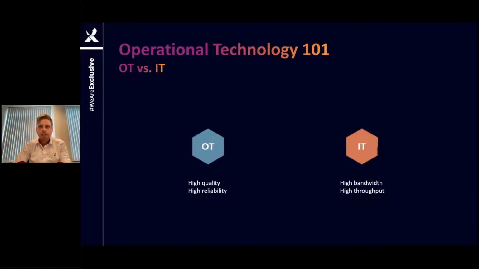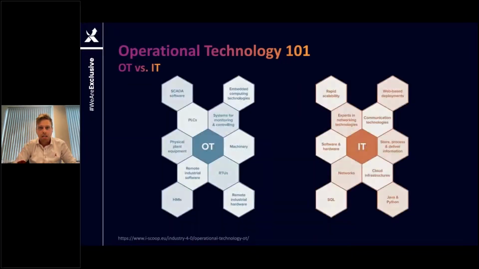If we are going to talk about OT, also some other terminology can come into mind. For example, SCADA, RTUs, PLCs, as you can see on the slide here. To give you a little bit of context of what these are, we will focus on ICS, Industrial Control Systems.